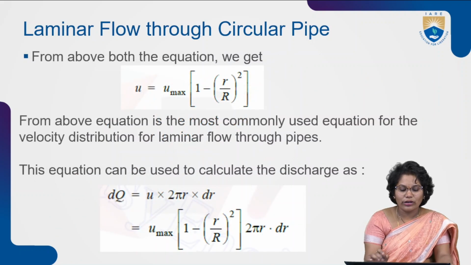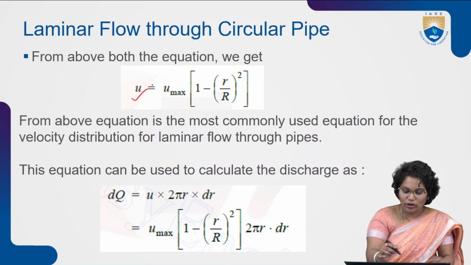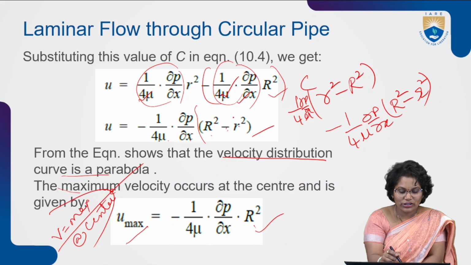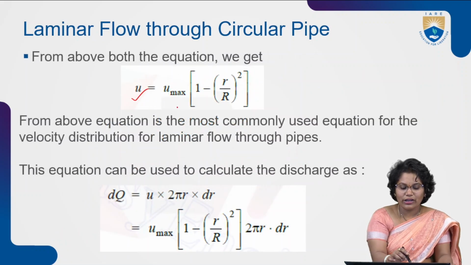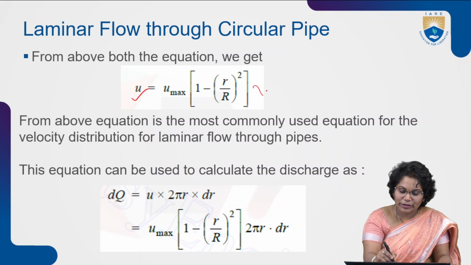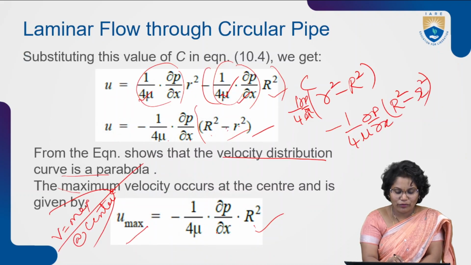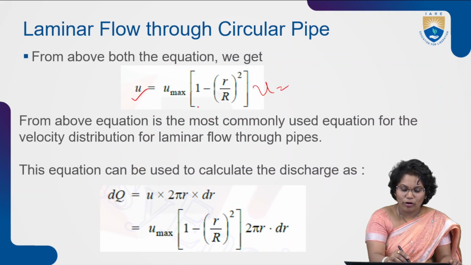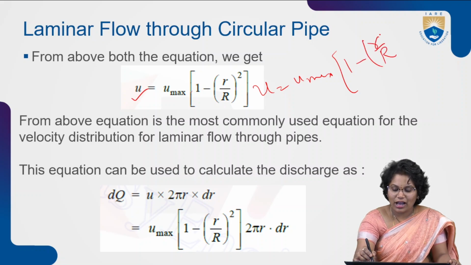Taking both equations, the velocity equation and U maximum, and taking U max common, where U max is minus 1 by 4 mu dou p by dou x into R square, the internal term becomes 1 minus r by capital R whole square.